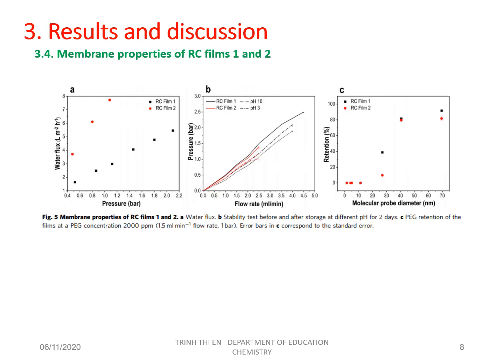And after we fabricate the two, film 1 and film 2, with two different solvent conditions, this is applied to measure the water flux, and we can see acid film 1 and 2: acid film 1 is black dots or black lines here, and acid film 2 is the red line.